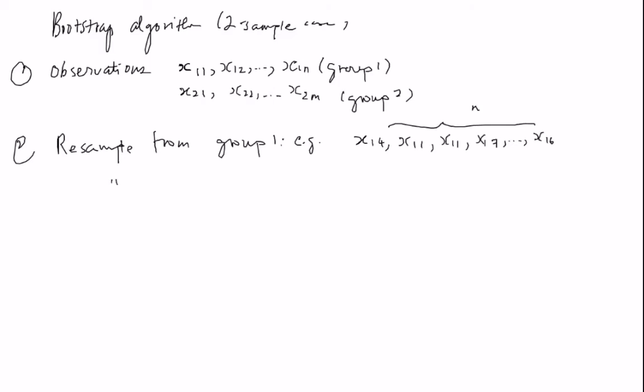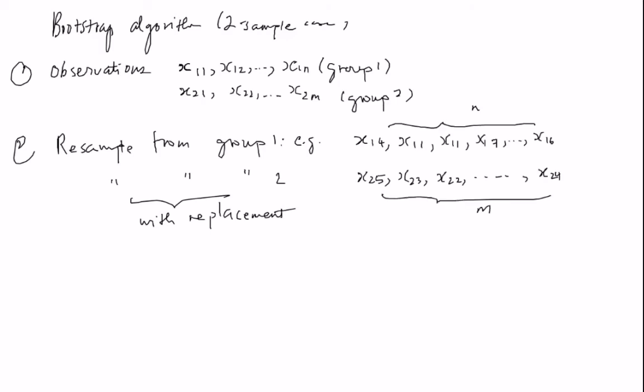And you also resample from group 2. These are all with replacement, okay? So this will be X25 maybe, X23, X22, X24, right? So there are M of them, okay? So you created these pseudo samples.